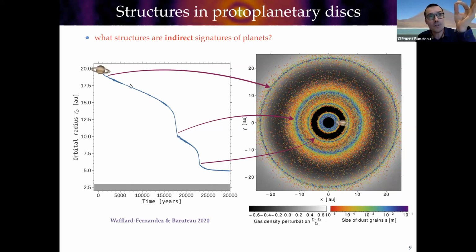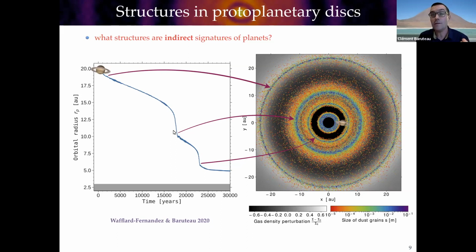And then as the planet moves inwards, the planet would push the dust particles inward of its orbit, like the planet will snowplow the dust particles, until you see the planet migration accelerates here and then slows down. And whenever it slows down, at this location, the planet will create a new pressure bump just outside of its orbit where the dust particles will get trapped, a second dust ring.